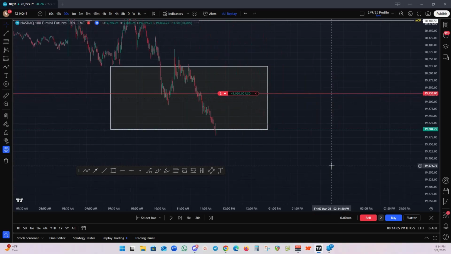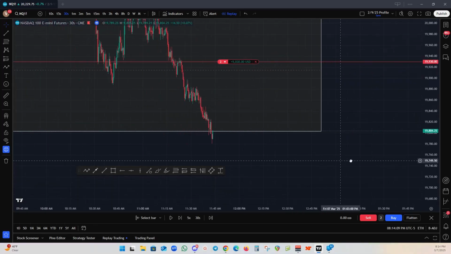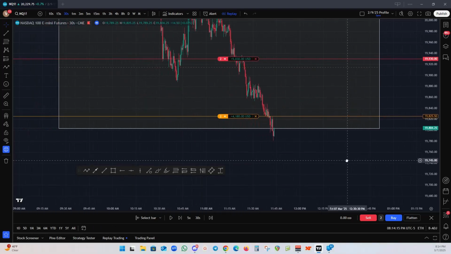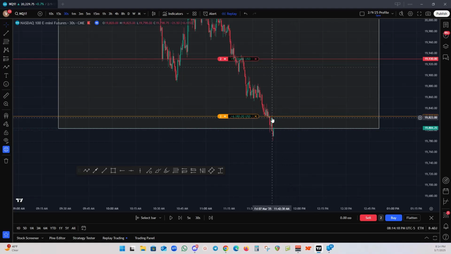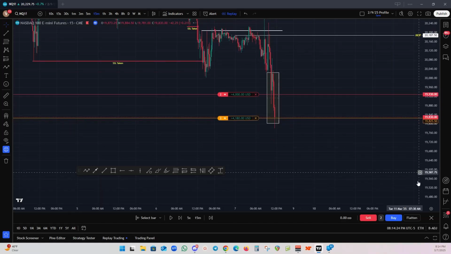Okay, so at this point, what I'll do is I'll put my stop loss right there, and I will at least bag 4K. Now, if I go to the higher time frame, see if I can get.